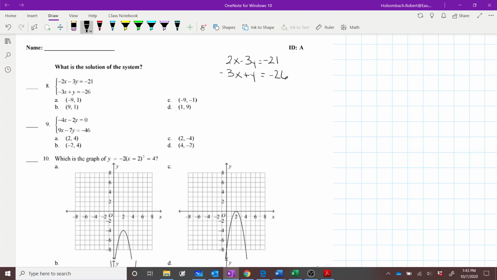I'm going to multiply the bottom equation by 3. So I'm going to have negative 9x plus 3y equals negative 26 times 3, 78.